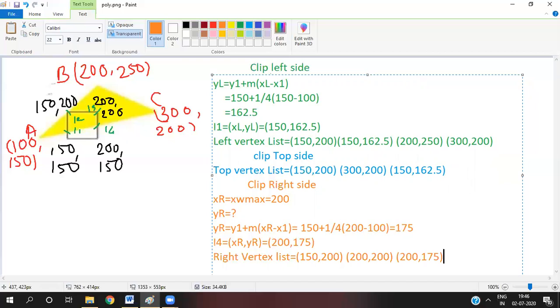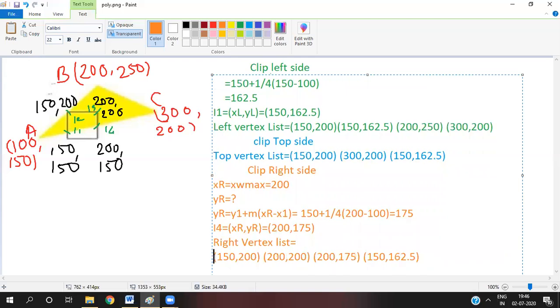And last is 150 comma 162.5. Fine. So finally, what is our vertex list? Yes, I will write it here.